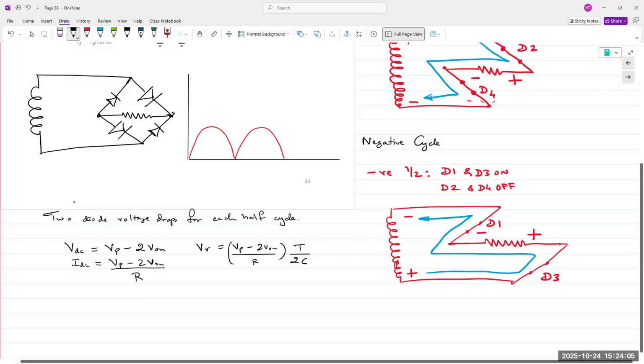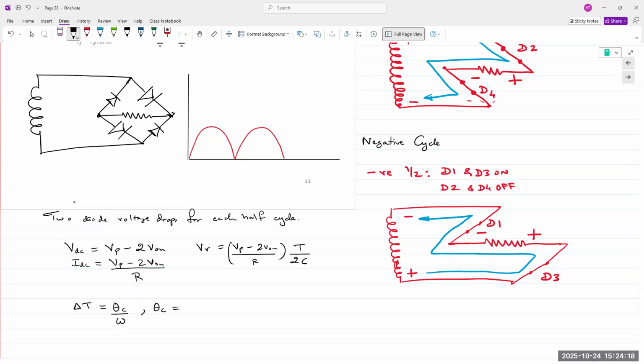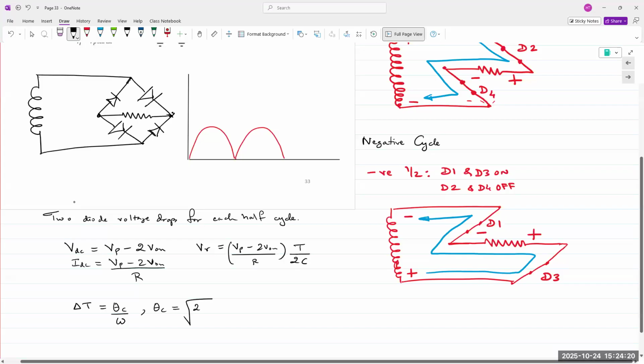And the other things remain the same. You've got delta T, the conduction time, is the conduction angle divided by omega, and this is root of 2 VR over VP.